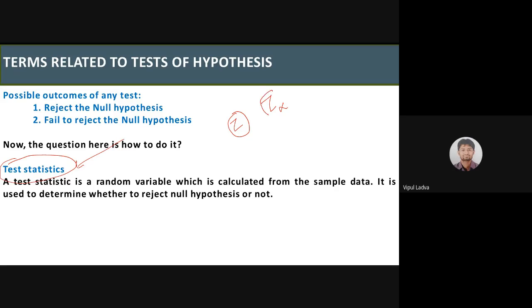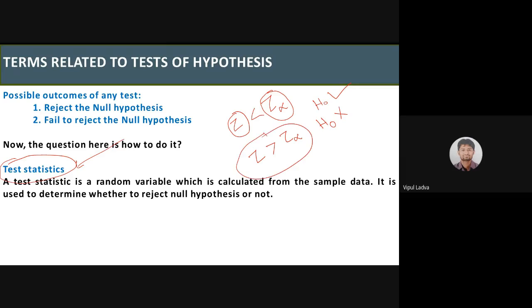The critical value will be labeled as Z alpha. If Z is less than Z alpha, then the null hypothesis H0 will be accepted. And if Z is greater than Z alpha, then we will conclude that the null hypothesis is rejected.